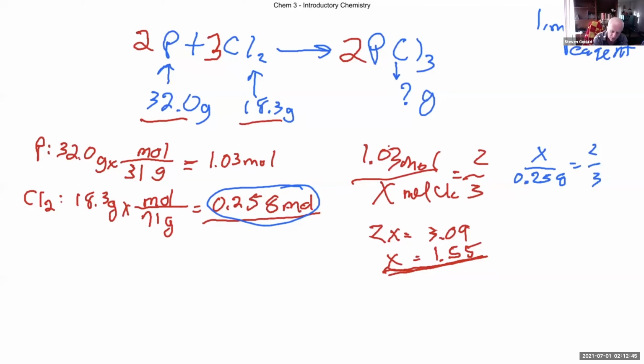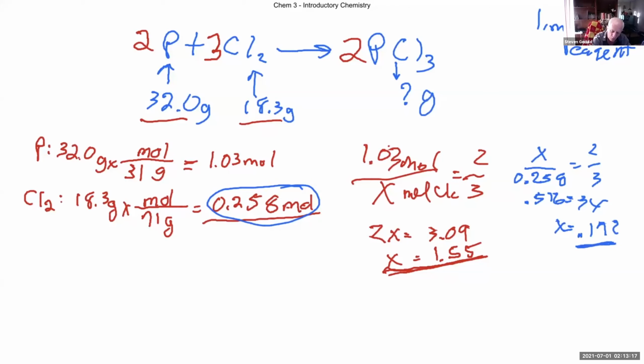So 0.258 times 2 equals 0.516 equals 3x. X equals 0.516 divided by 3. And that equals 0.172.